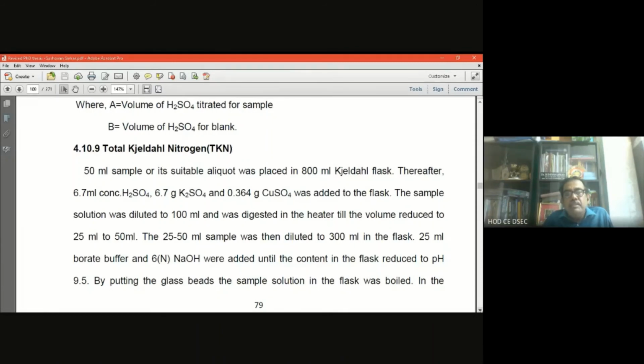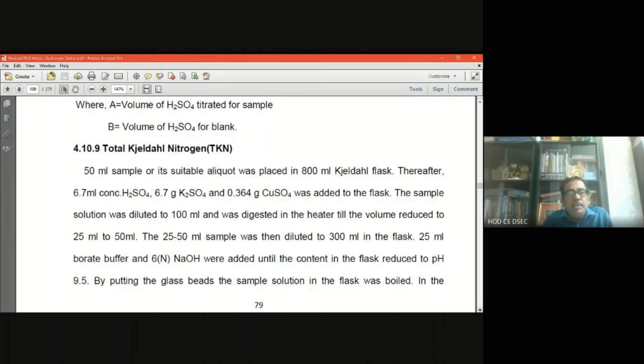So same process, but here after adding the sample in the Kjeldahl flask, you have to add 6.7 milliliter concentrated H2SO4, 6.7 gram potassium sulfate, and 0.364 gram copper sulfate.